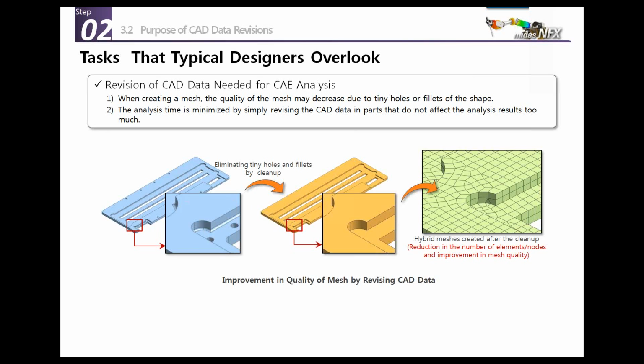So it will give you almost the same result with this or without, but it will make a big difference because these small fillets and holes will cause the fact that you need to increase the mesh size around this and make a very, very small mesh around this shape if you want to get correct result. So it's much better to simplify all that when it's not needed and to prepare the model correctly for the CAE analysis.